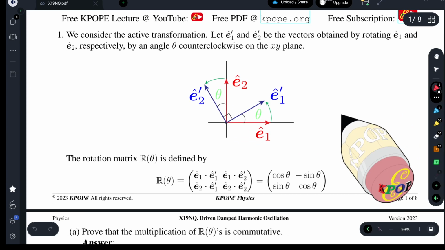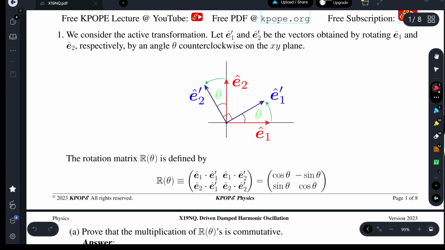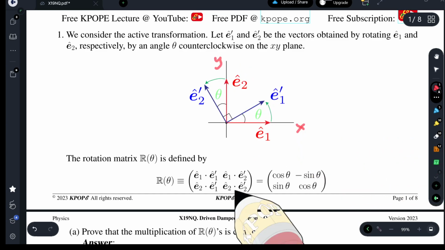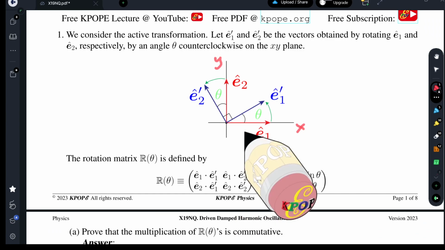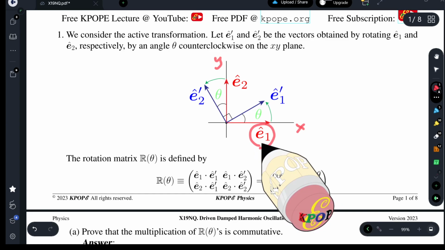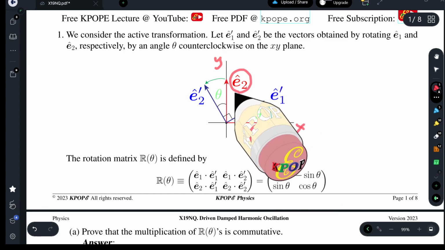All right, let us consider the rotation on the xy plane. The original unit basis vectors for the Euclidean space are E1 hat and E2 hat.